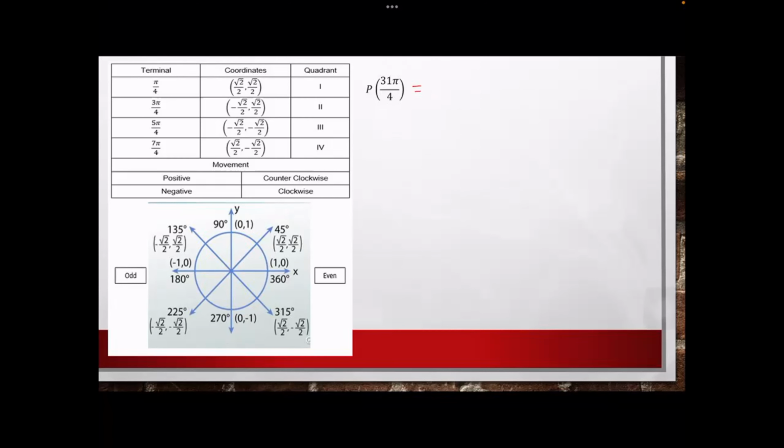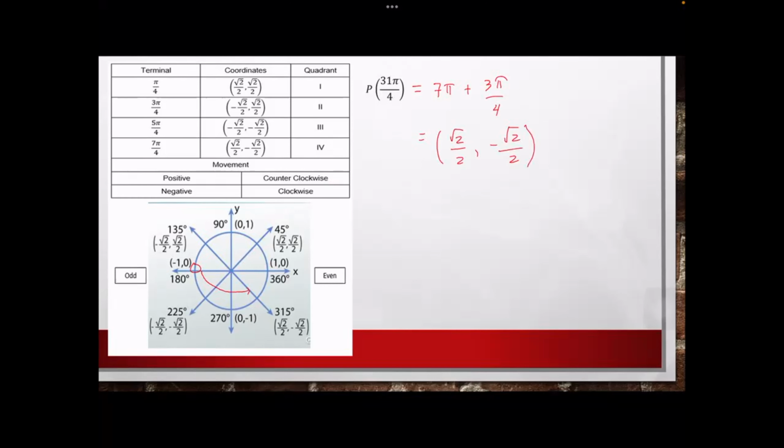Ako po, sir. Okay, what's your answer? 31 pi over 4 is equals to 7 pi plus 3 pi over 4. Add po siya, tapos ang 315 po degrees. Ay, square root of 2 over 2 and negative square root of 2 over 2 po. Okay, so it's negative square root of 2 over 2.